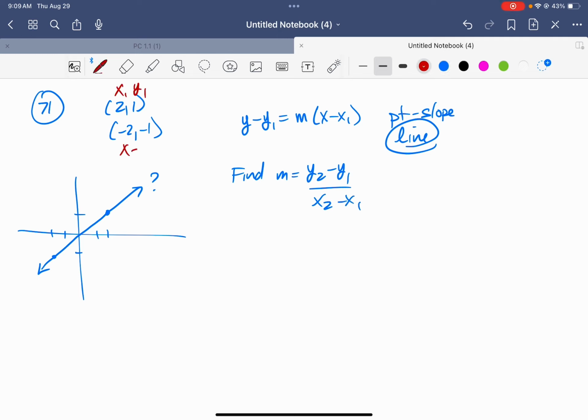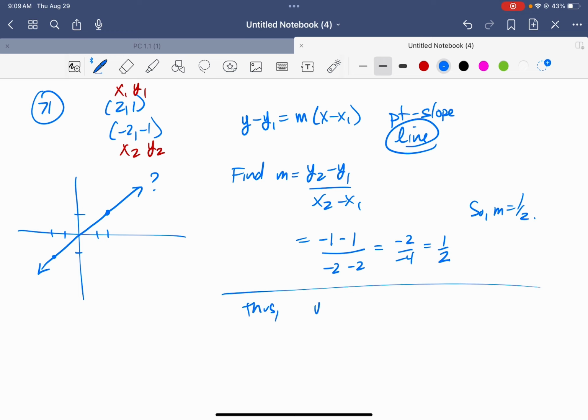So I'm going to name my points. Notice how organized I'm being with my writing. That organizes my thinking. So I'm going to have negative 1 minus 1, and on bottom I'm going to have negative 2 minus 2. So I'm going to get negative 2 over negative 4, which is a positive 1/2. So my slope is 1/2.